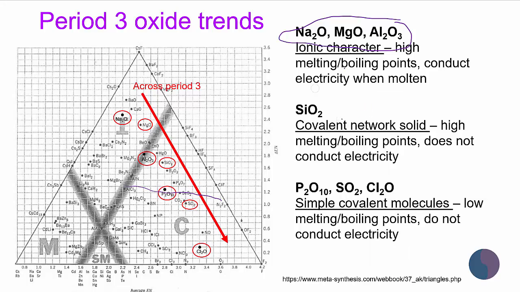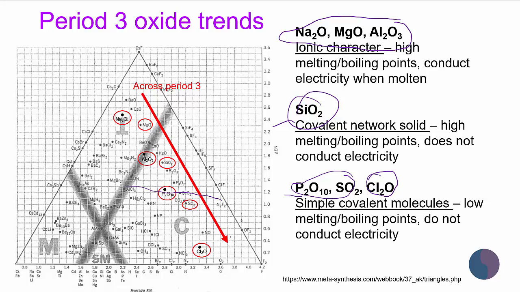This one here is now polar covalent, and these ones are also slightly polar covalent, and this one's just coming up to covalent. So as you move across period 3, you're moving from ionic to polar covalent to just normal covalent. So there are also covalent networks to simple covalent molecules as well.